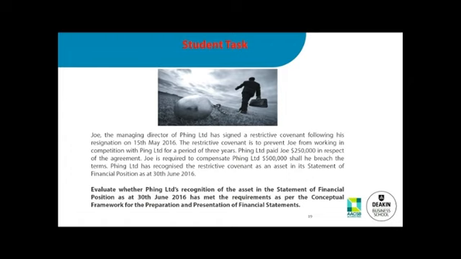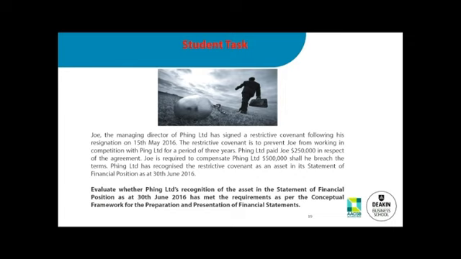Now let's spend a few minutes on this case, and then we go through the solution. Joe, the managing director of Think Limited, has signed a restrictive covenant following his resignation on 15th of May 2016. The restrictive covenant is to prevent Joe from working in competition with Think Limited for a period of 3 years.